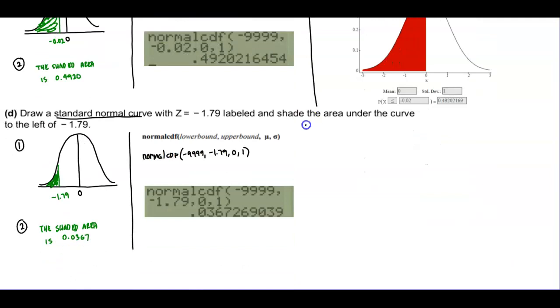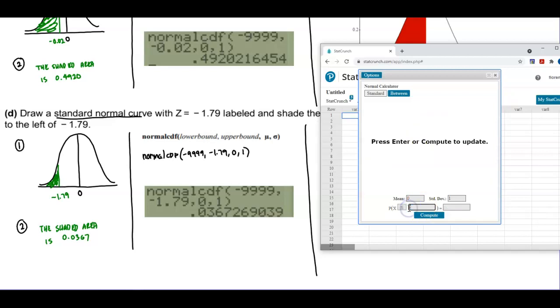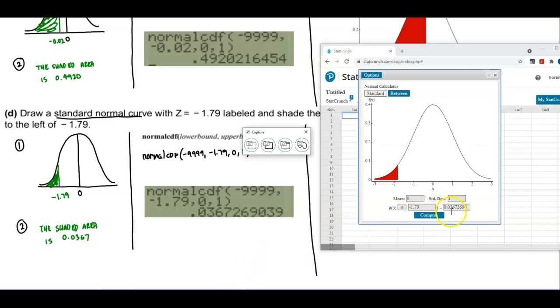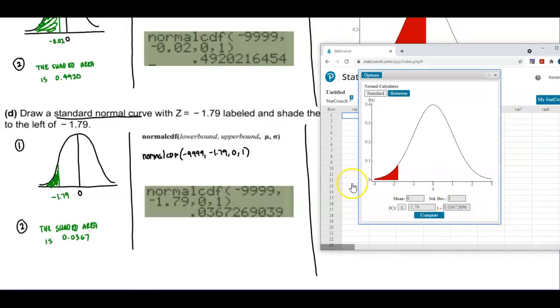And then the last one, we're going to go ahead and use the calculator here again. So we know the mean again is 0, the standard deviation is 1, and it's less than negative 1.79. Select compute, and if you look at the area, it's 0.0367, which is what we found earlier.